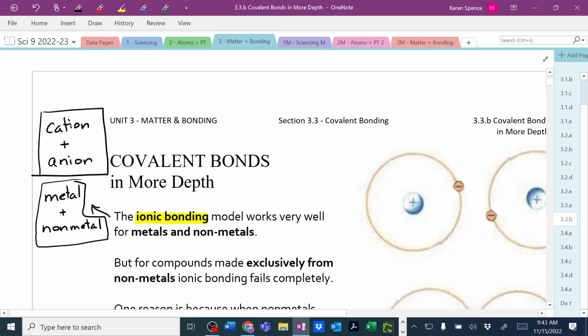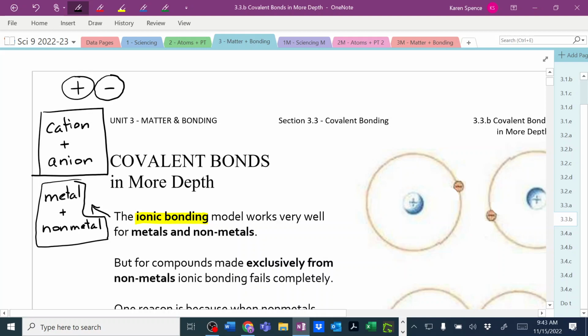And if we were to draw that, how would you draw a cation? You're not going to draw a cat, there's a hint. You can just draw a circle, and what would you put in it to show your cation? A plus. And you would draw the anion by drawing a circle and a negative.